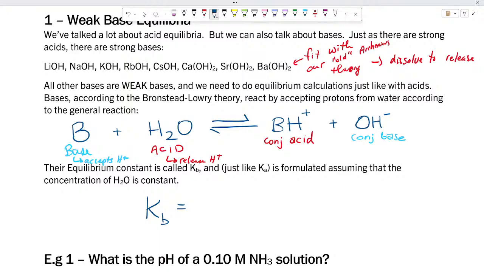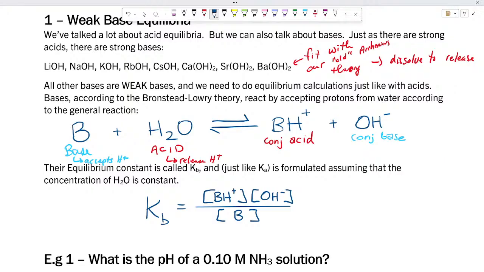And Kb is also formulated assuming that the concentration of water is constant, such that, what do we have to put in there? Just like Ka, we're going to ignore water for this. Okay, so the concentration of the conjugate acid, BH plus, times the concentration of OH minus ions, divided by the concentration of the original base.